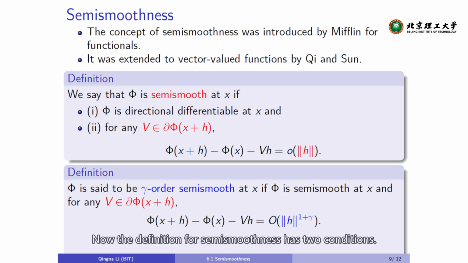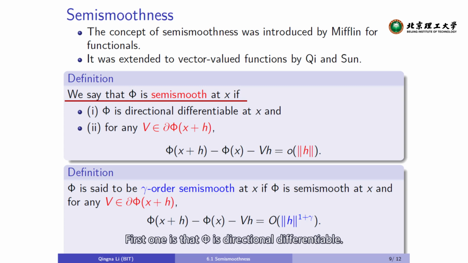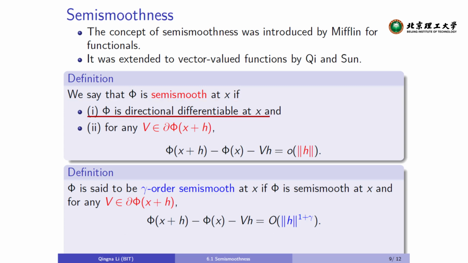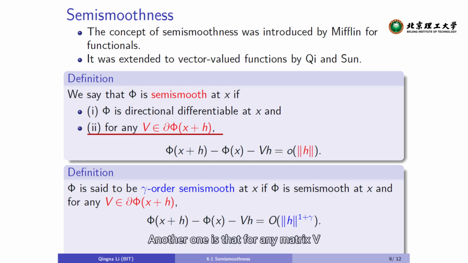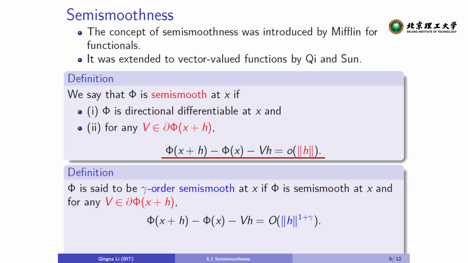The definition of semi-smoothness has two conditions. First, phi is directionally differentiable. Second, for any matrix V inside the generalized Jacobian of phi at x plus h, we have this expansion.